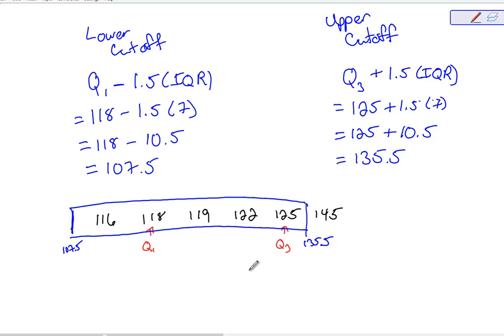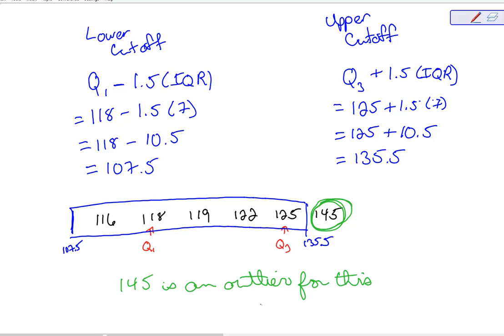Any number in the data set that is not inside this box, inside these cutoff values, is considered an outlier. If there is a value outside this box, it is considered an outlier. 145 is an outlier for this data.